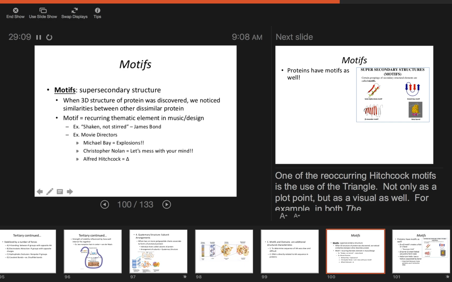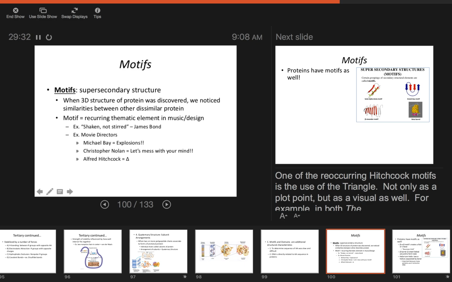For example, some motifs that you may be familiar with: shaken, not stirred. It's pretty much said in every James Bond movie. That's a motif. Movie directors tend to have common characteristics or motifs. Like any Michael Bay movie, you better expect some explosions, right? He always has explosions in his movies, always.